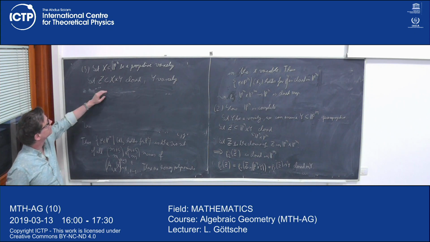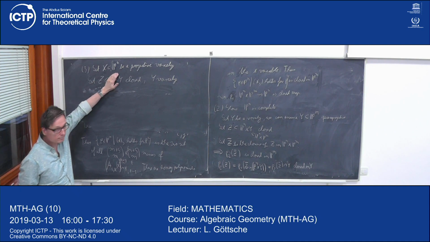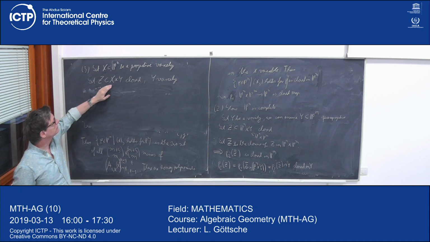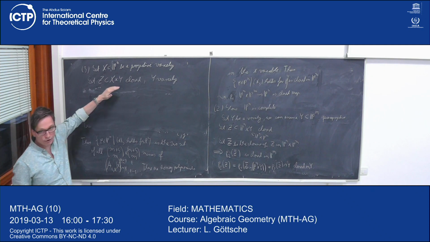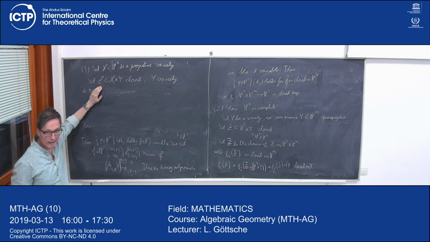So note that X is a projective variety, so it's a closed subset of Pn. So X times Y is closed in Pn times Y, and Z is closed in that.